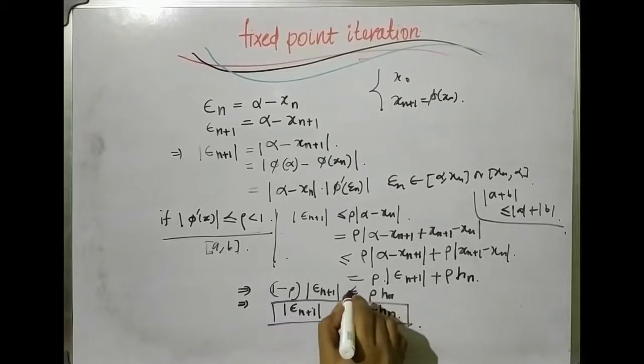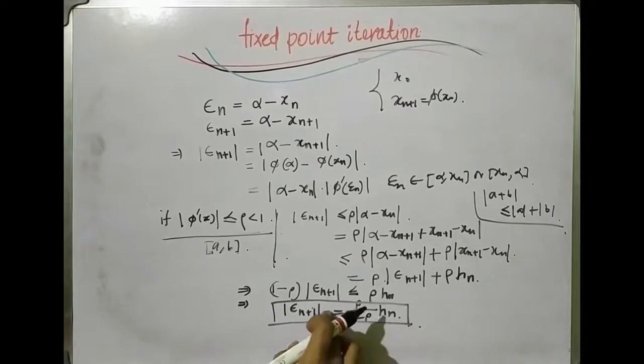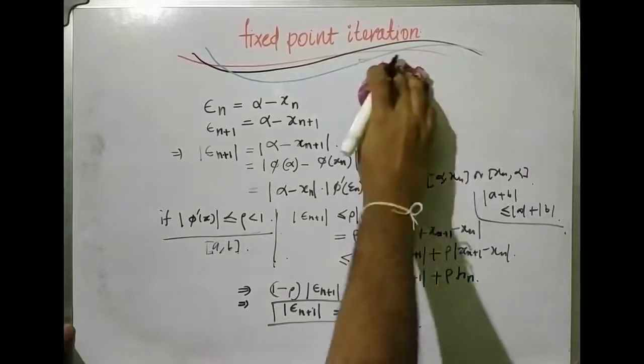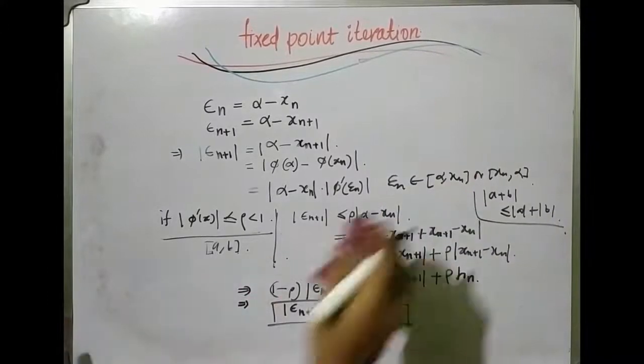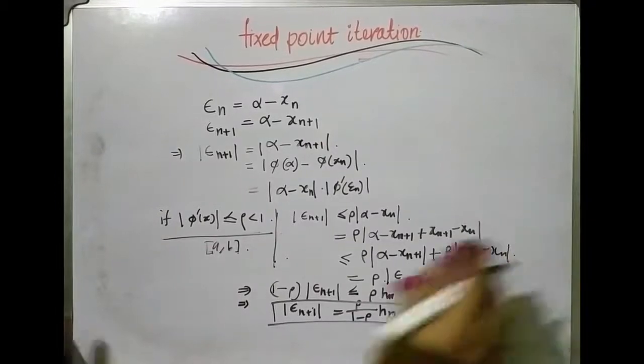So actually this is less than or equal to, if we take the upper bound, so we will have that the error term will be rho by 1 minus rho hn. So this is the expression for the error.